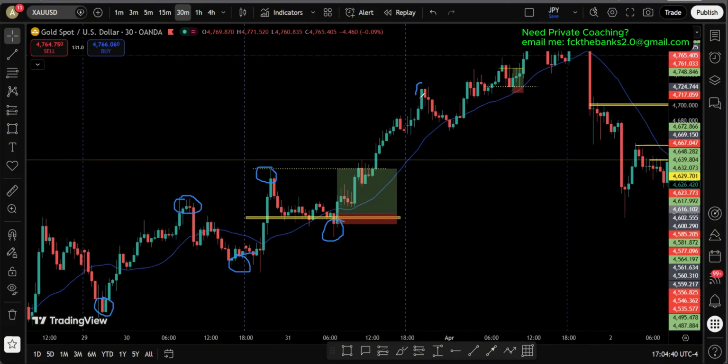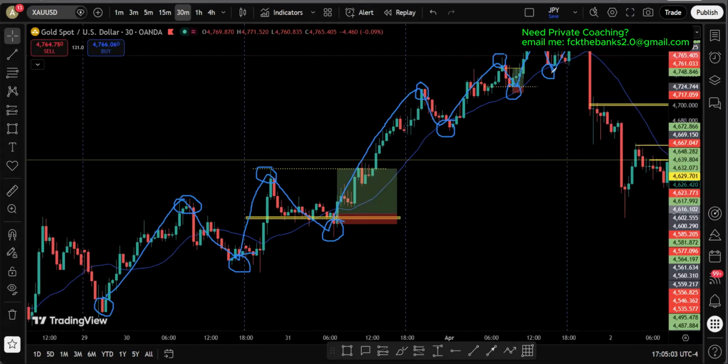It might seem very simple, but I don't understand why so many traders ignore this: you can see how it's creating higher highs and higher lows. That is how you know when price is bullish, right?